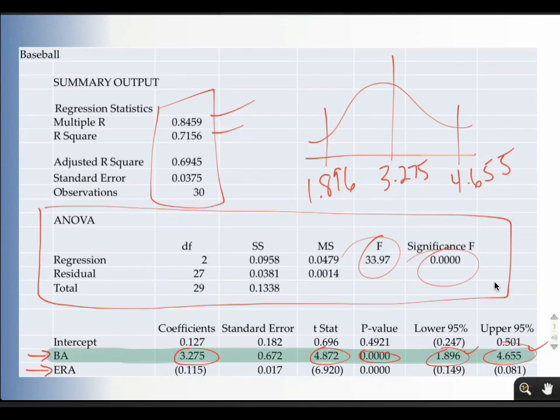So again, we're going to look at individual, and we're going to look at joint significance. We're going to do hypothesis tests for each type, and then we're also going to get into a lot of model building here as we get going through this chapter.